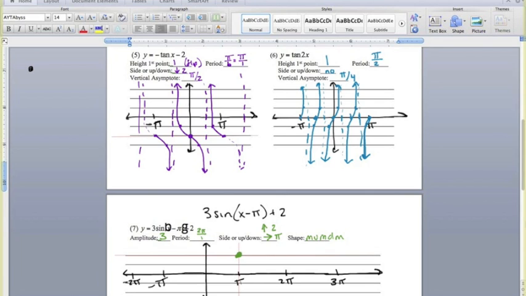At the end of one period, which is 2 pi, I should be back in the middle. Now that's not where it says 2 pi, that's 2 pi away from our first point. So 2 pi away from pi is really 3 pi. And in its center, it's in the middle.